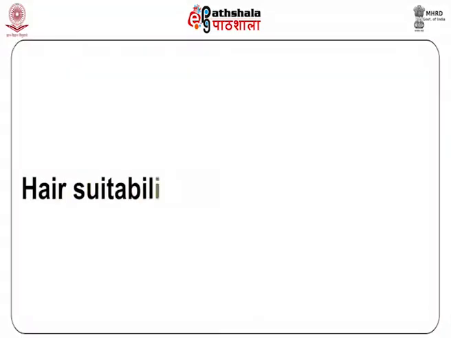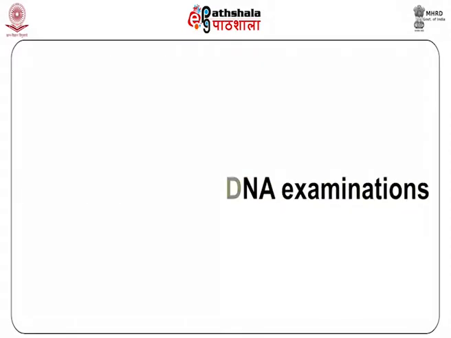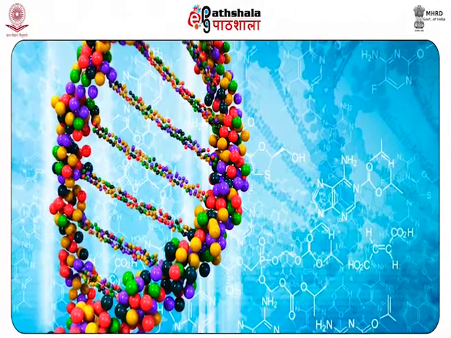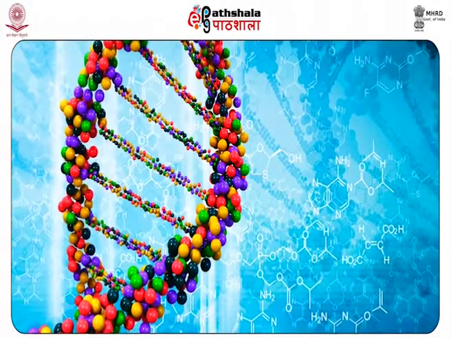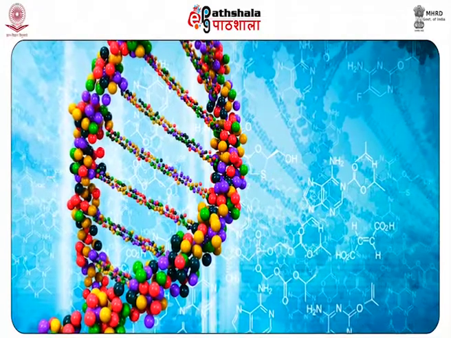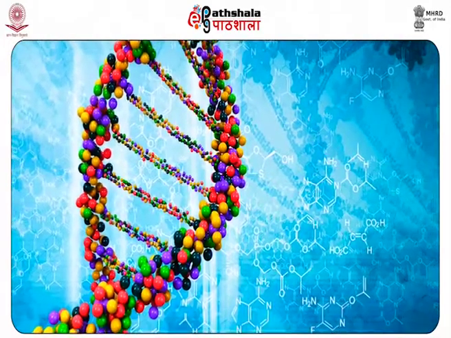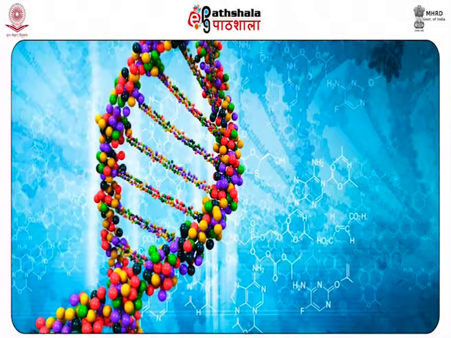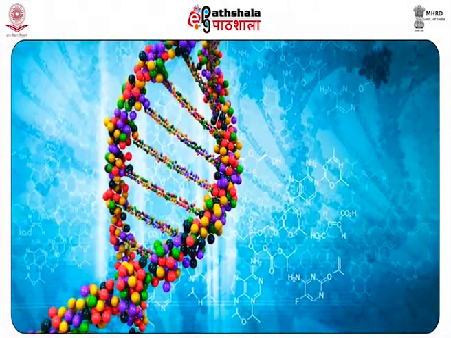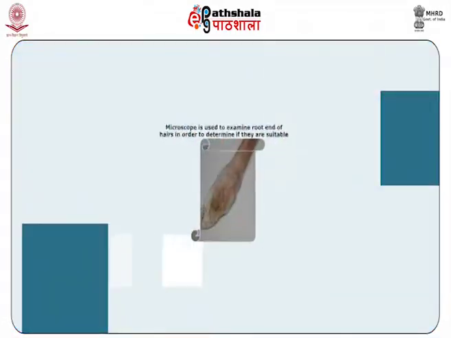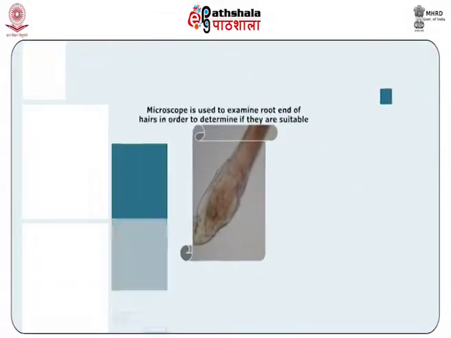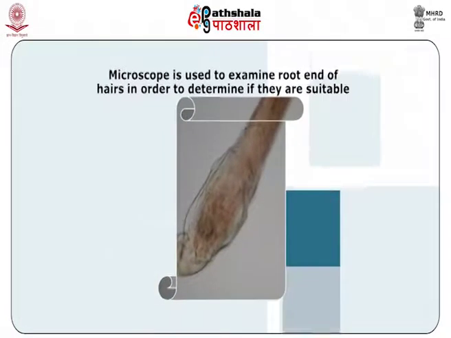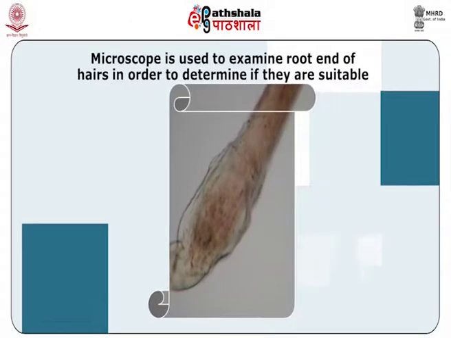Hair suitability for DNA examination. Nuclear DNA analysis can be done on human hairs. The trace section assists the DNA section by screening hairs and determining the suitability for DNA testing. A microscope is used to examine the root end of the hairs in order to determine if they are suitable.